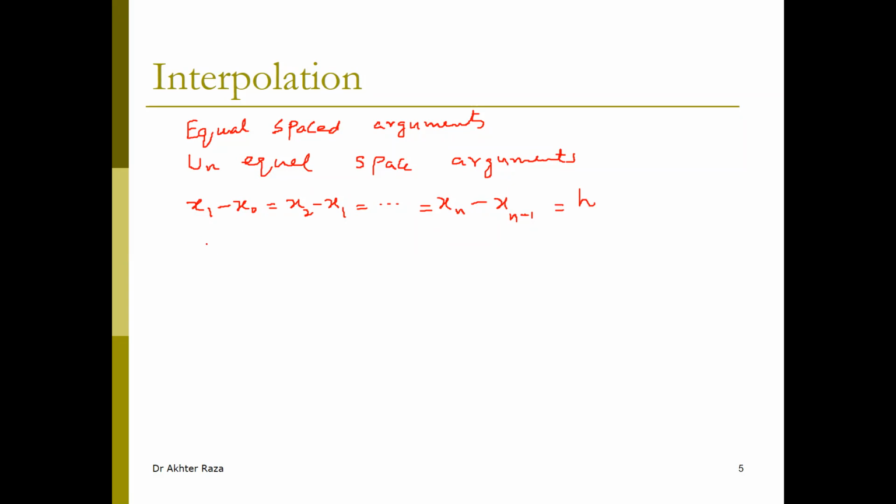While if they are unequal, means what? x1 minus x naught is not equal to x2 minus x1 is not equal to, and so on, is not equal to h, then we call it unequal space argument.